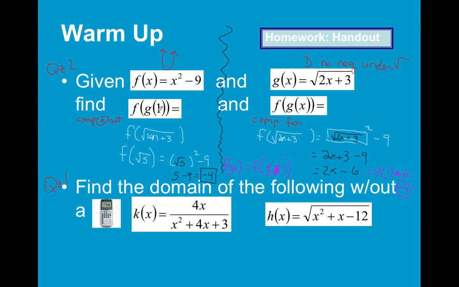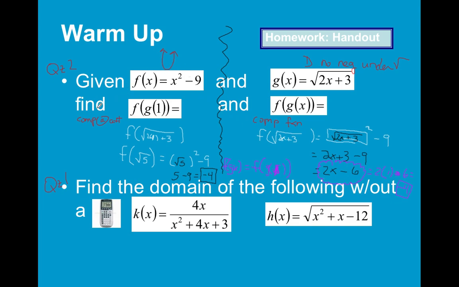When I plugged in 1 to g, got radical 5, then plugged radical 5 into f, I was doing the composition once for one number, and I got the result negative 4. When I was doing f of g of x, I ended up with a rule for any x. So of course I could plug in 1 here and get the same answer.